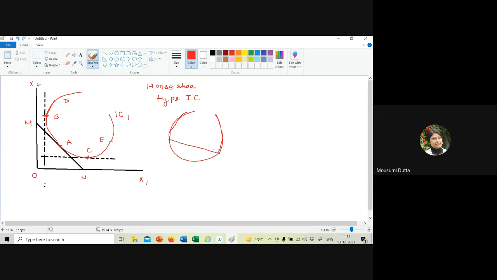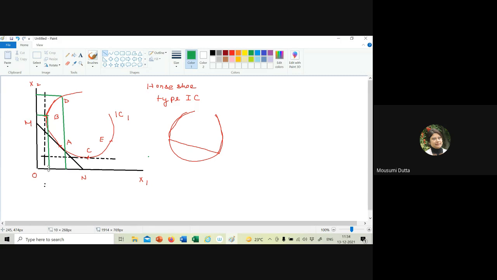Though B and D are lying on the same indifference curve, at D you are getting the chance to consume more of both the commodities. If I drop the perpendicular and compare a point like B and D, we find that at D, we are consuming more of both the commodities.